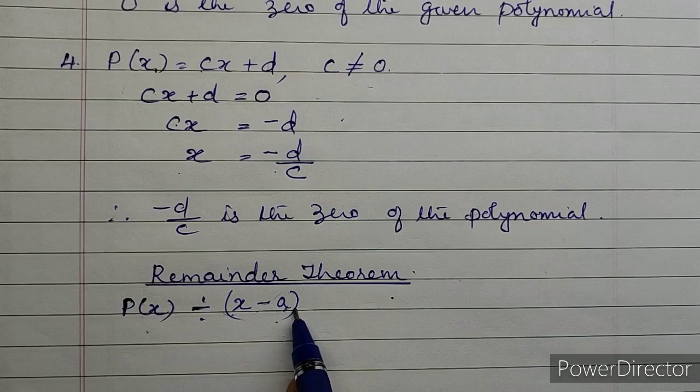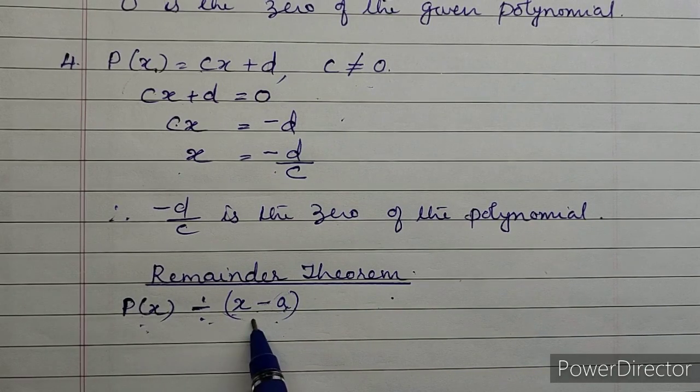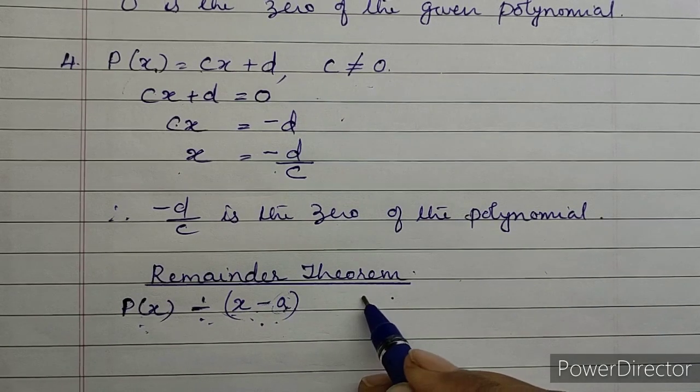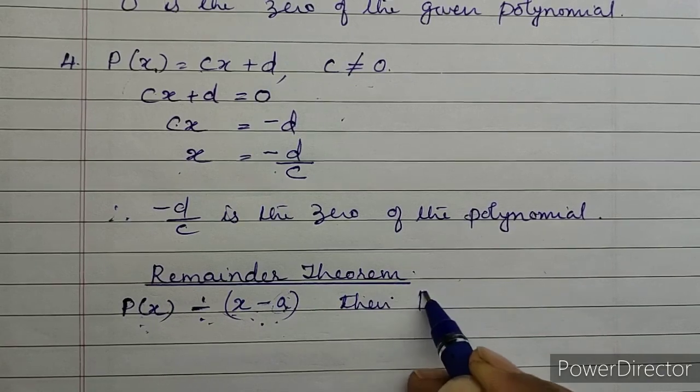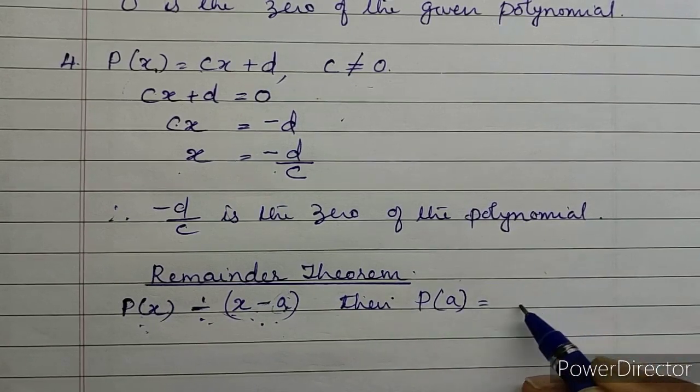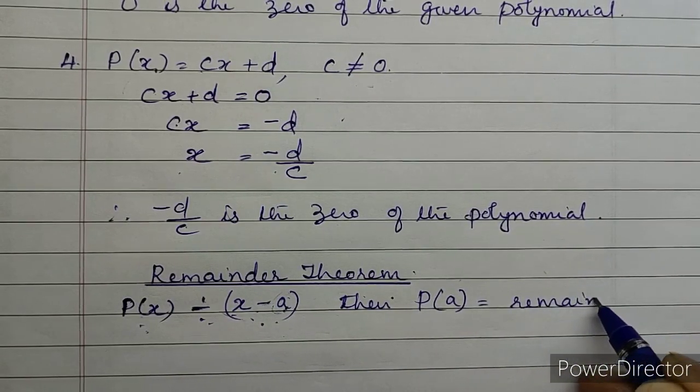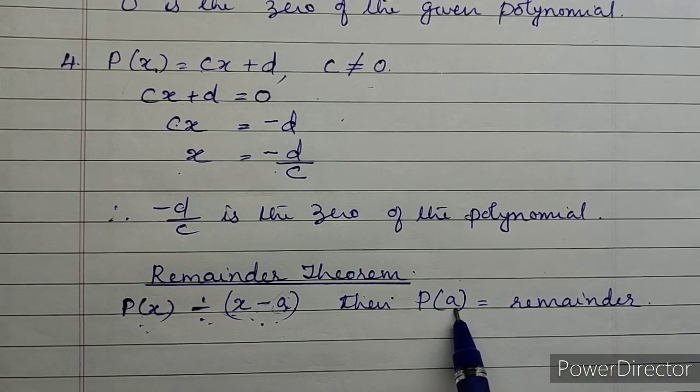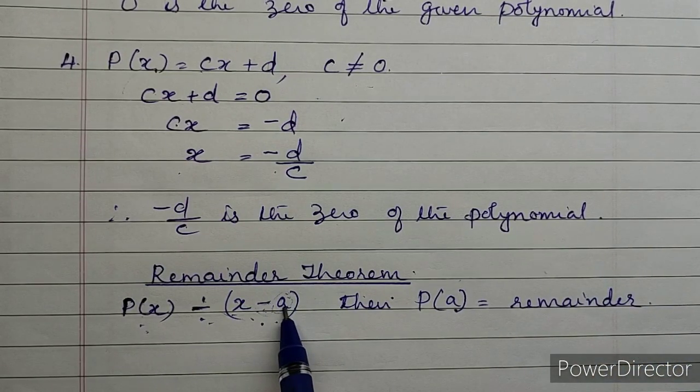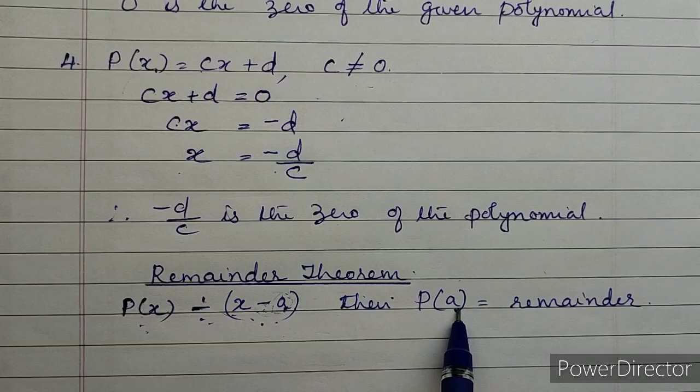In general I am saying, so if p of x is divided by x minus a, a is any real number, then p of a will give the remainder. So you have to find only p of a. Here it is minus a. So sign has changed here. It has become p of a.